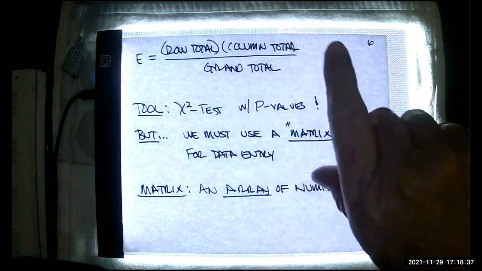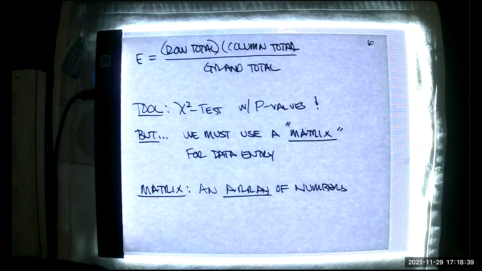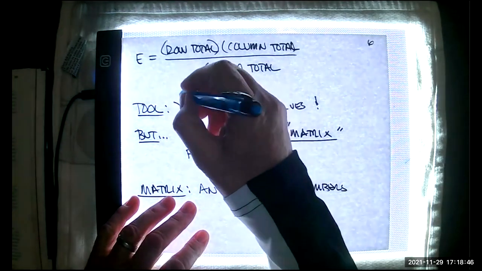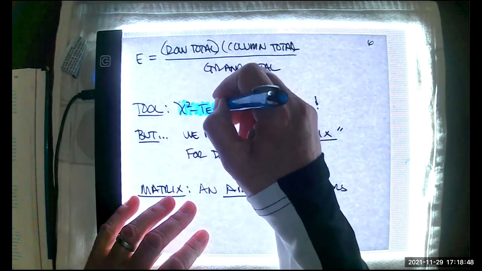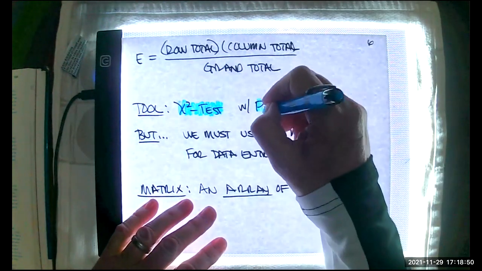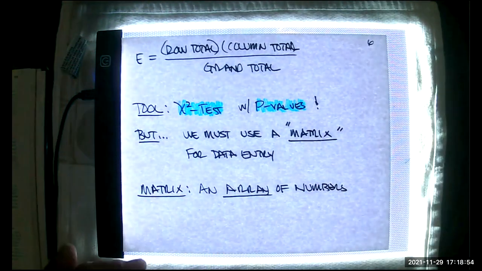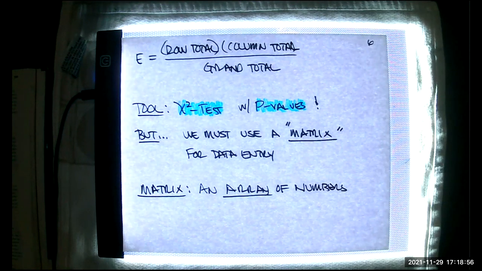And then I'll show you how we can find them nice and easily with our calculator. We have a dedicated tool, and that dedicated tool is called the chi-square test. And we use the p-value approach. So again, there's really nothing new there. Once we get the p-value, we compare it to alpha, and then we make a determination on the outcome.